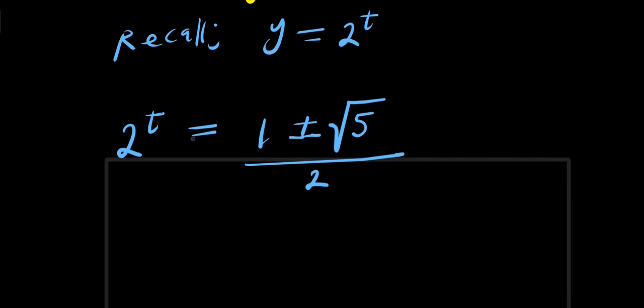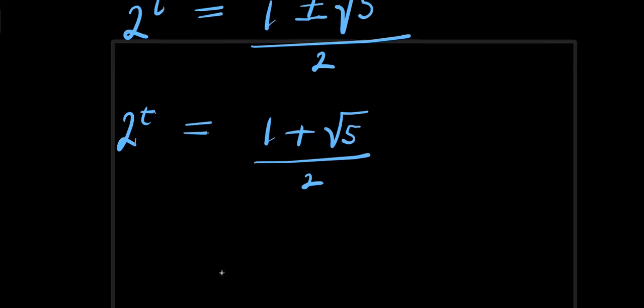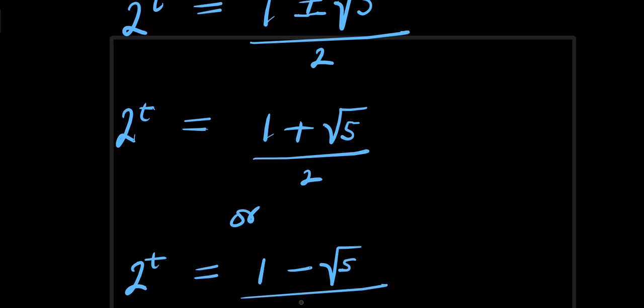Now what we are going to do is we simply have 2 power t equals 1 plus root 5 divided by 2, or we have 2 power t equals 1 minus root 5 divided by 2.